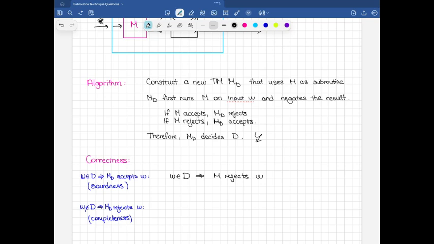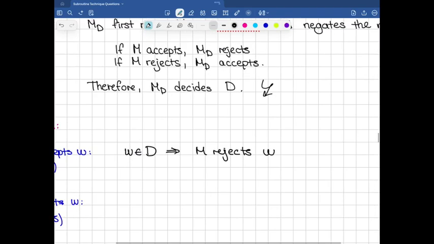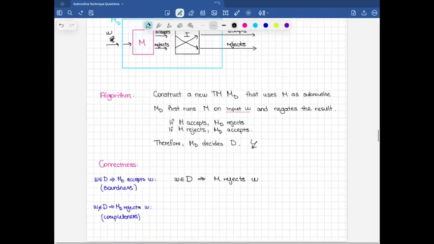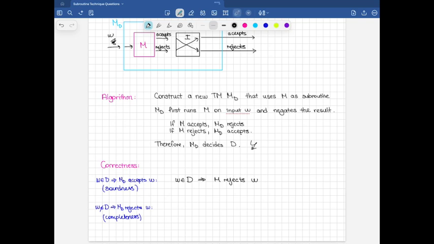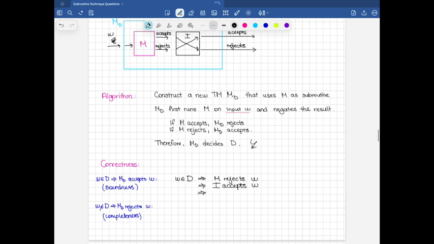Then M would reject W because M decides the complement. So if M rejects W, then what happens afterwards? It gets negated, right? So then I would accept W, and because of this, MD also accepts W.